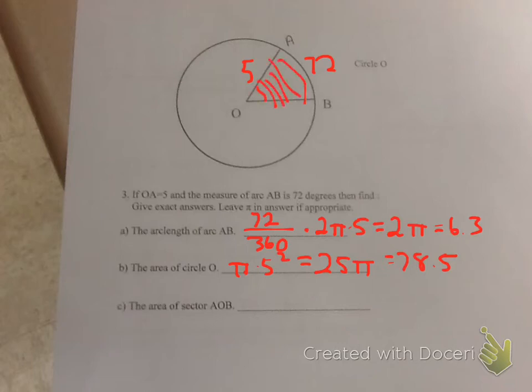Again, it's like the arc, you take 72 over 360, but this time you multiply by the area of the circle, which we found out in the problem before was 25 pi. This works out to be 5 pi is an exact answer. The approximate answer for 5 pi is 15.7. So approximately 15.7.